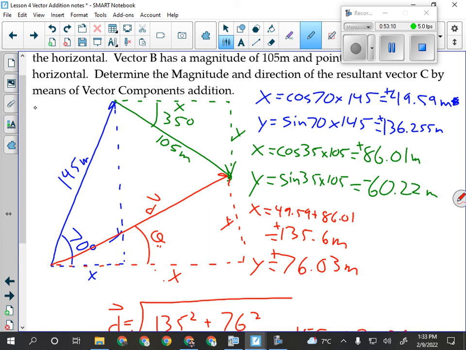Like I'm adding them, but I need one of them negative. Yeah, is that right? What were you getting? I got 50.34. Must have just typed something in wrong.